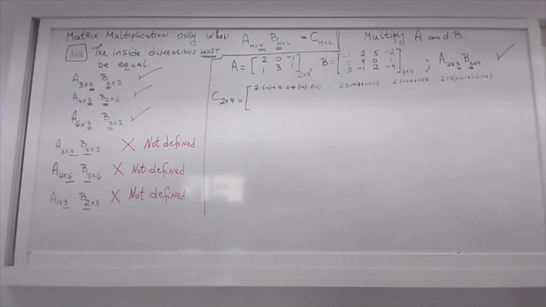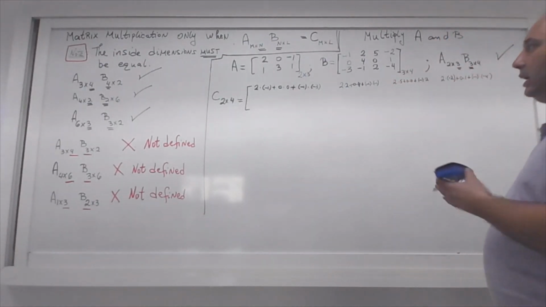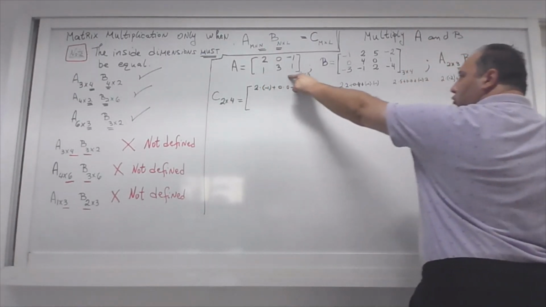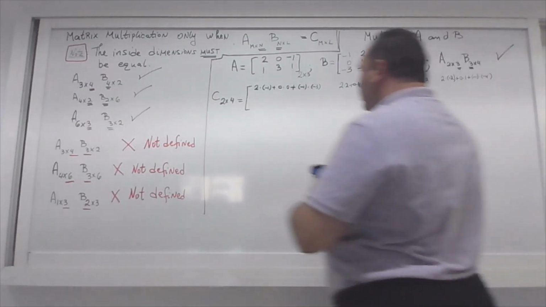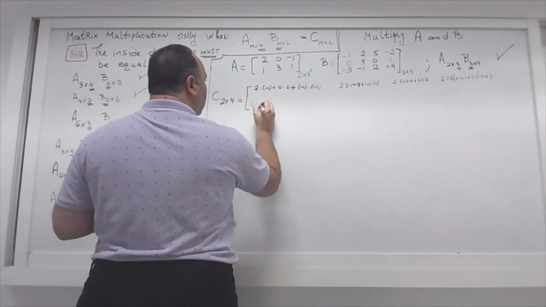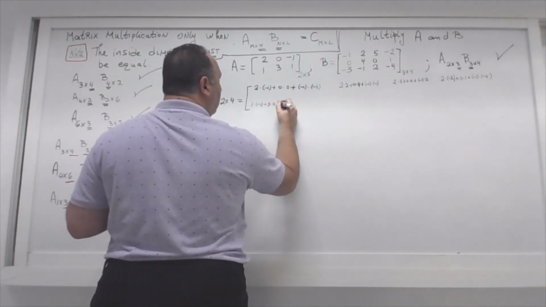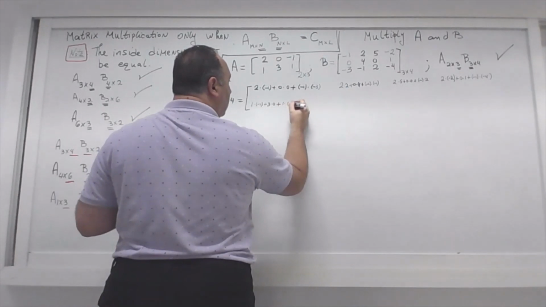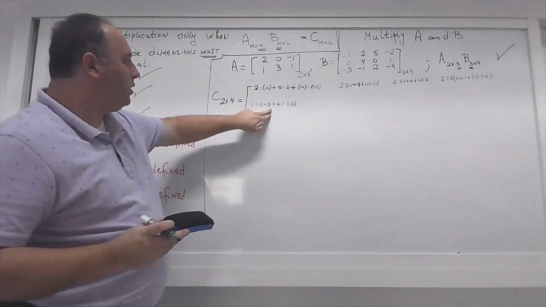Now let's fill the second row. So entry 2,1 will be row 2 from A dot product with column 1 from B. So row 2: 1 times negative 1 plus 3 times 0 plus 1 times negative 3. So that's entry 2,1.